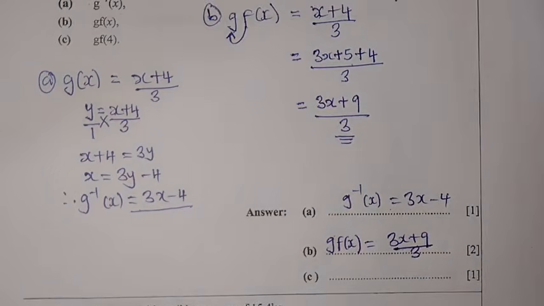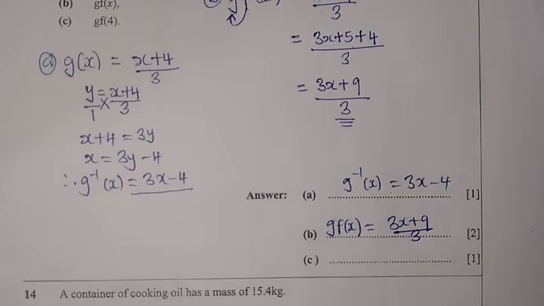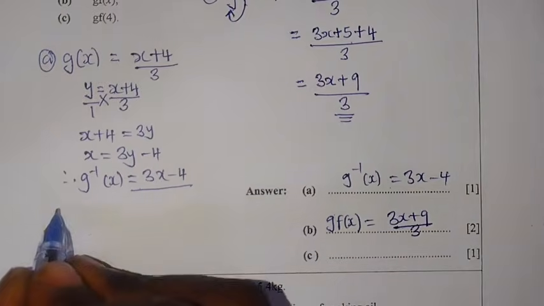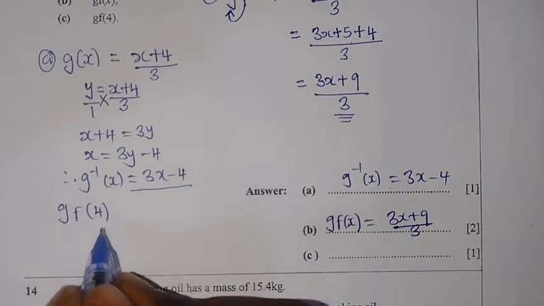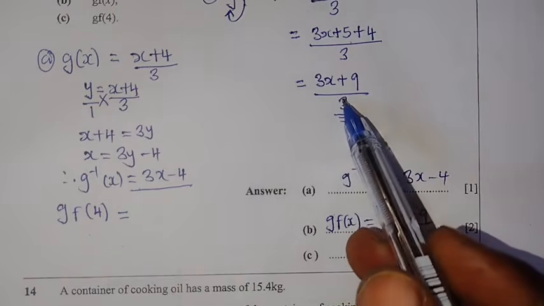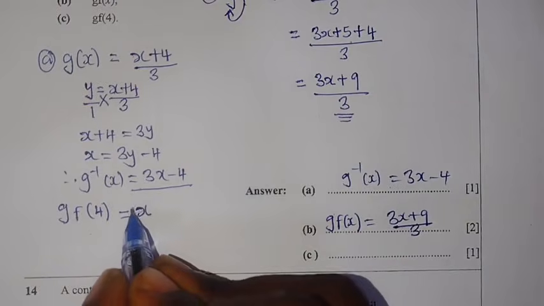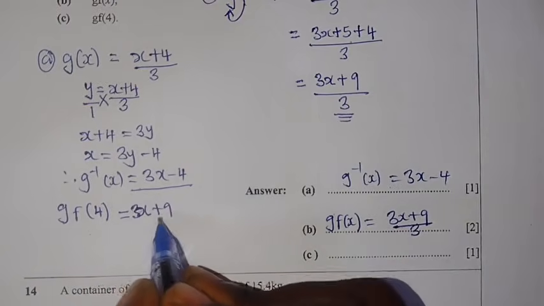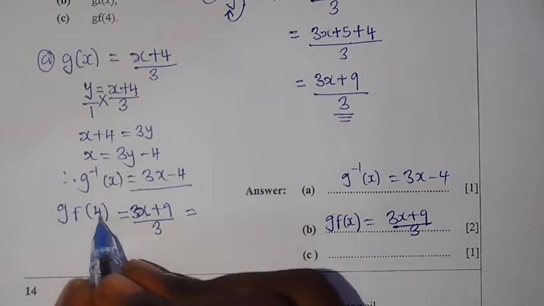Let us now move on to question C. Question C is very simple. We need to find gf of 4. To find this, we use the gf function because we have already found it. We write (3x plus 9) over 3. Right here where there is x, we put this 4.